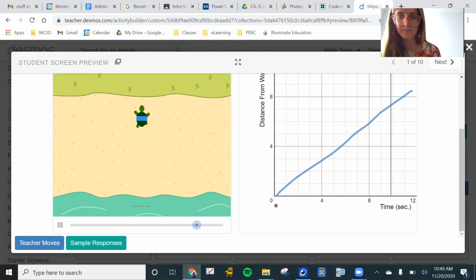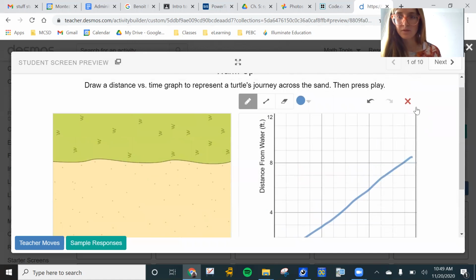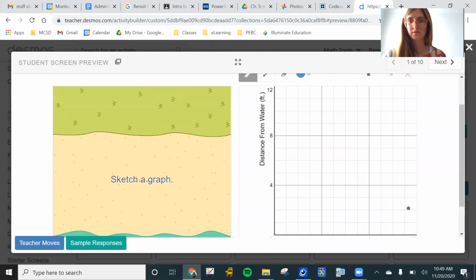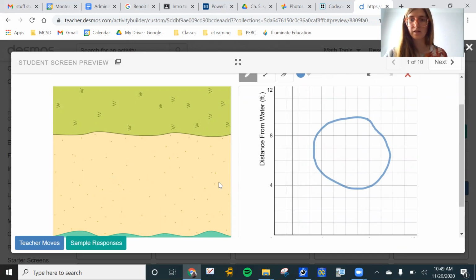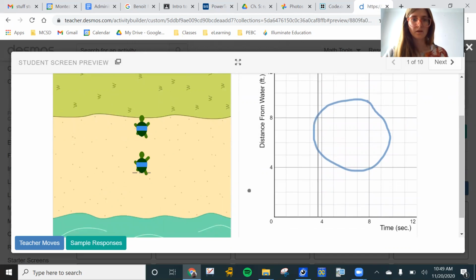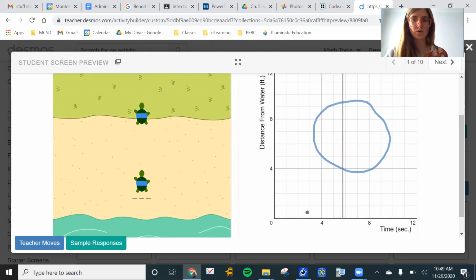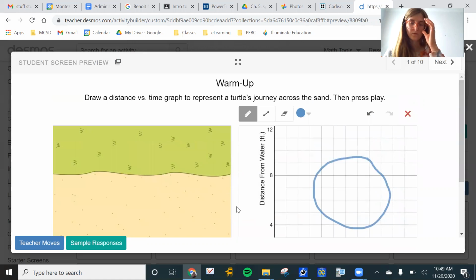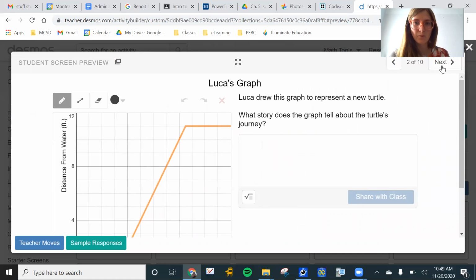Then what if I did a circle? Not a very good circle, but a circle nonetheless. Aha, there are two turtles, because there are two different places that the graph shows up. Interesting. Okay, let's keep going.